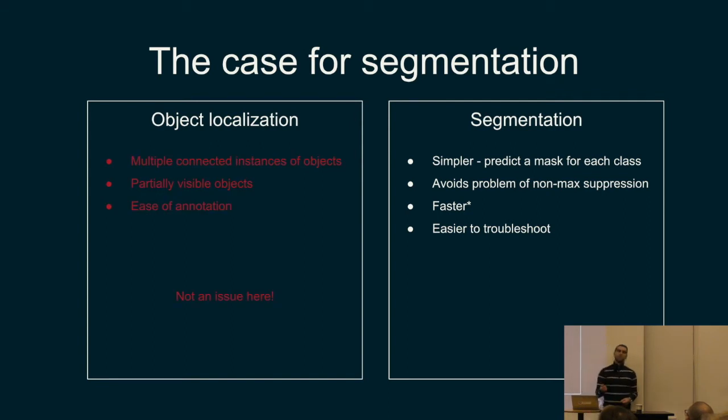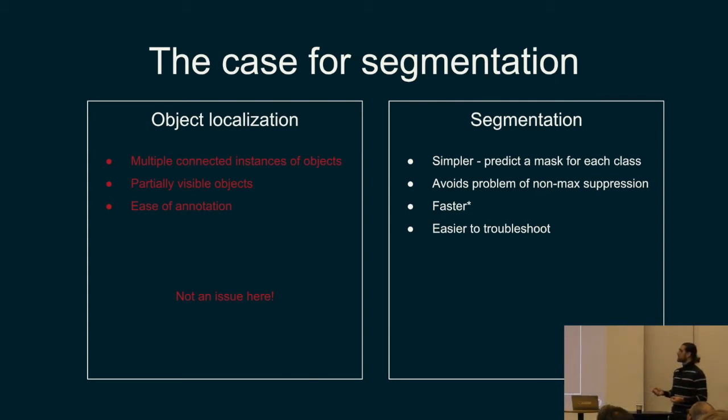So back to your question. In our case, these strengths of the object localization model are not very important. We don't really care if you have multiple connected objects. We don't mind if we put them all together into one. That's fine. And we're never going to have partially visible objects, because the text box is always going to be on top, right?